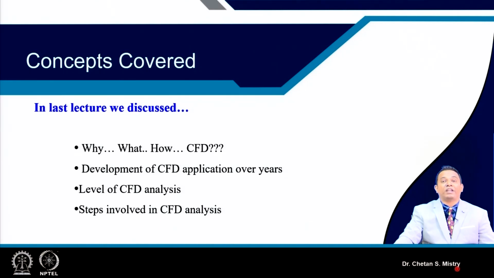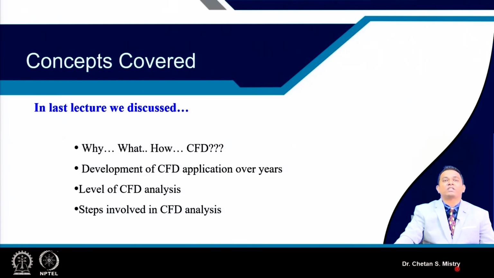The level of CFD analysis initially started with potential flow theory, then 2D axisymmetric analysis, then quasi 3D simulation, then fully 3D, where we have realized the Navier-Stokes equations are to be solved: RANS, URANS, maybe LES or DNS. All those things we discussed in our last lecture.